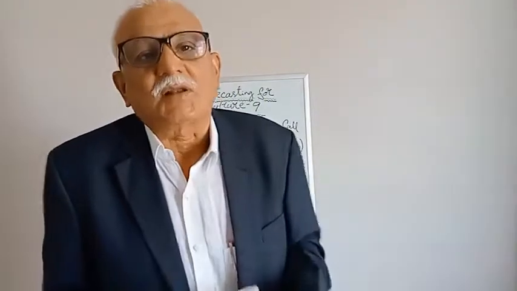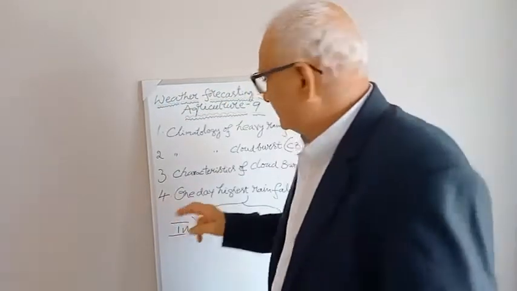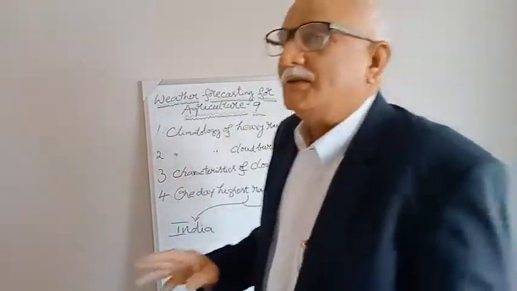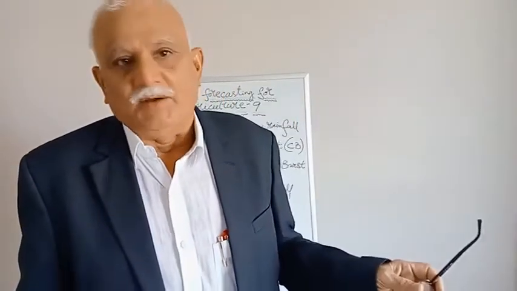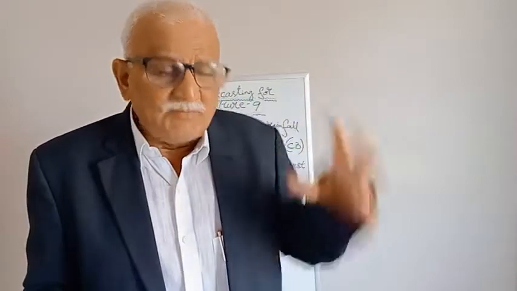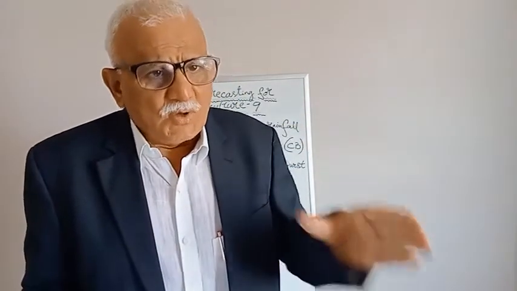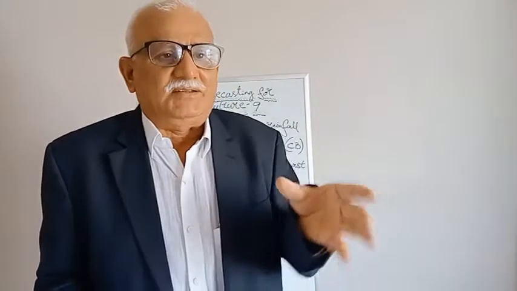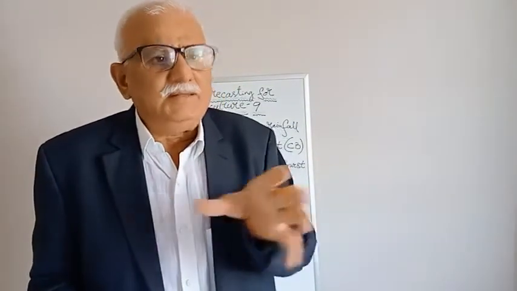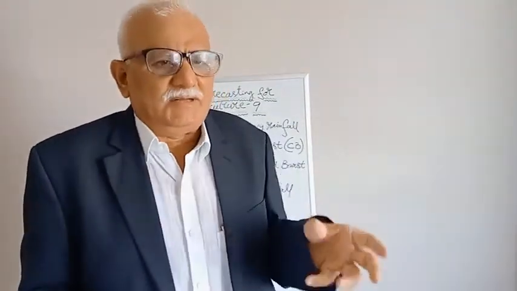Now, as far as the climatology of cloudburst is concerned, cloudburst is a very, very localized phenomenon. These are the three characteristics: heavy rainfall, very localized, and within a short span of time.